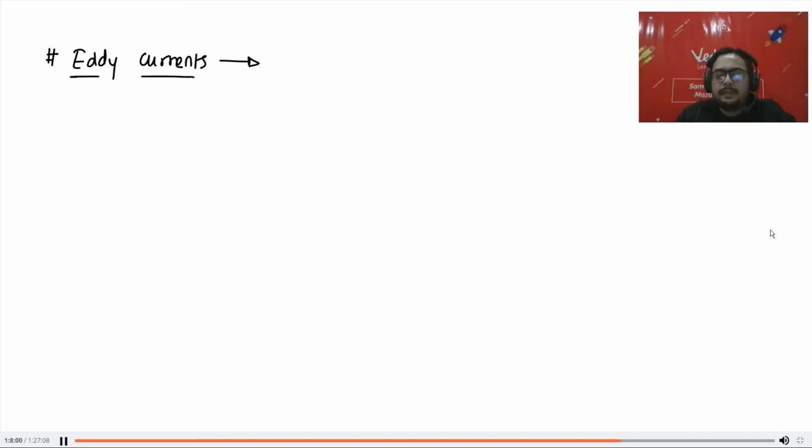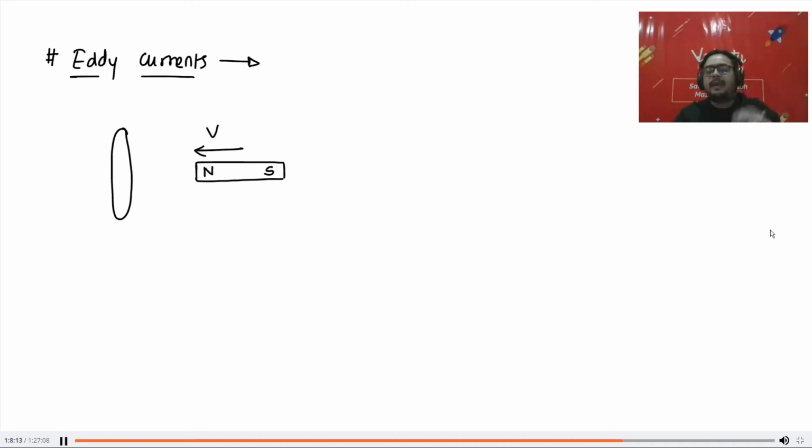So basically, we know one thing. If you have a conducting coil and a magnet, and you start moving the magnet, this was Faraday's experiment.